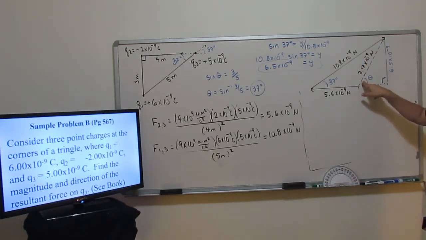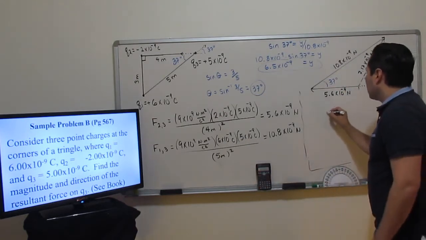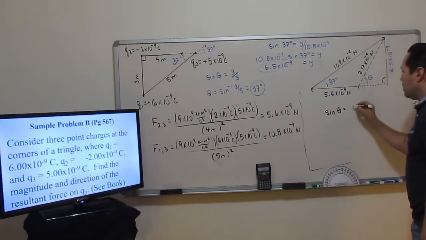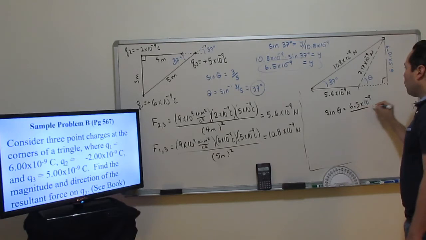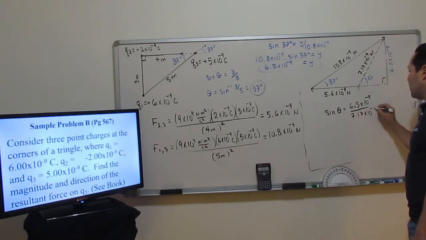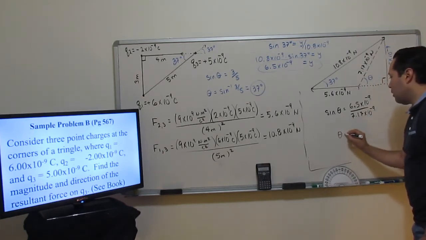So we have theta, we have the opposite and we have the hypotenuse. So it will look like this. Sine of theta is equal to opposite, 6.5 times 10 to the negative 9, over the hypotenuse, 7.17 times 10 to the negative 9. Of course, I would go ahead and get the inverse sine of that.